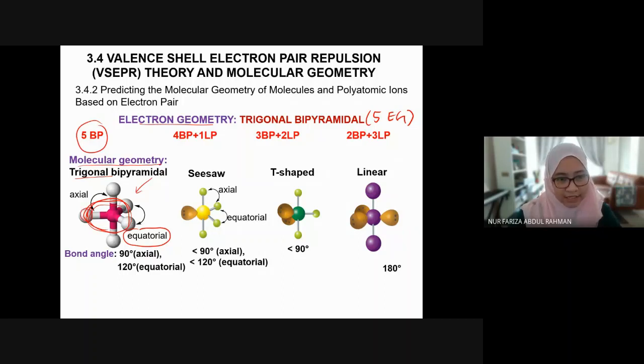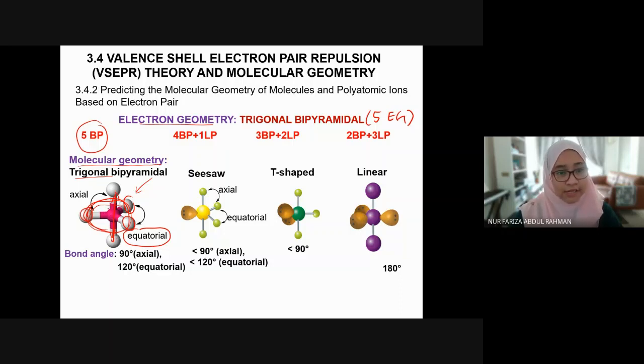So we have 3 atoms at the equatorial position and 2 atoms at the axial position. Axial means upright. Can you see this straight line? These two, this straight line, are considered the axial position. So equatorial and axial position.